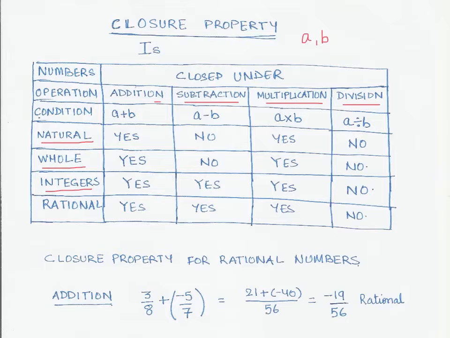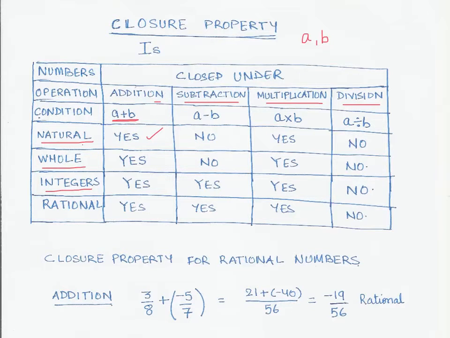Okay, so let us look at addition. The condition for closure property under addition is to add any two numbers, that is A and B, and then see the result. What we have already discussed in earlier classes is that when you add any two natural numbers, the result is always a natural number, which means we say that natural numbers are closed under addition.